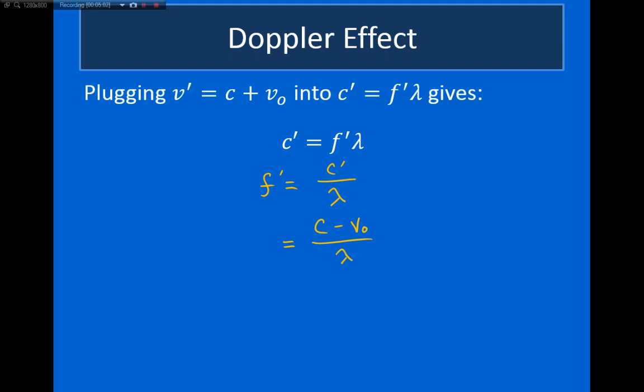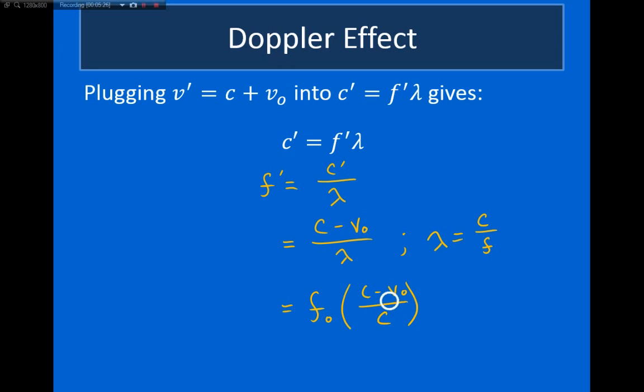Now, finally, I can plug in the fact that the initial wavelength would be equal to the speed of the wave divided by its frequency. Plugging this in, I have that my frequency that I observe is equal to the initial frequency times c minus v naught over c.